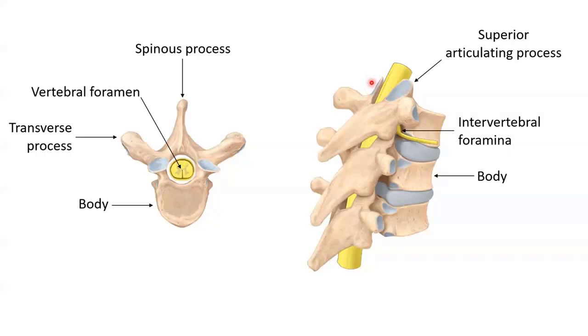And then we have 2 inferior articulating processes, or 2 inferior articular processes, that project inferiorly, a bit hard to see on this one, inferiorly from the vertebra. Now, the superior articulating processes of one vertebra will articulate with the inferior articulating processes of another vertebra, and so on.